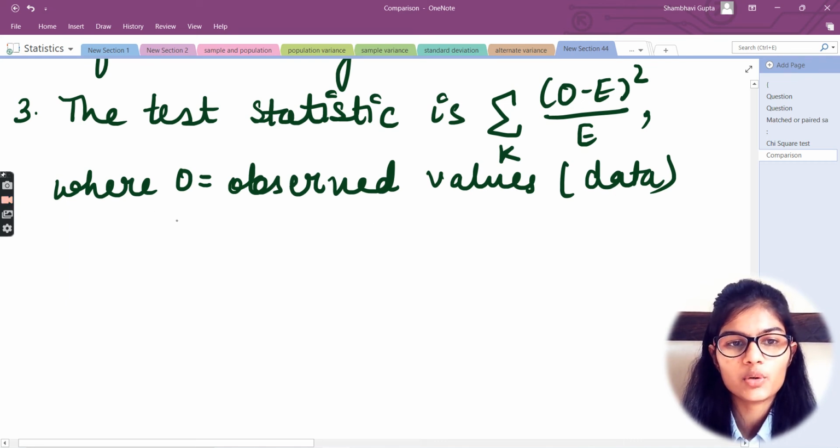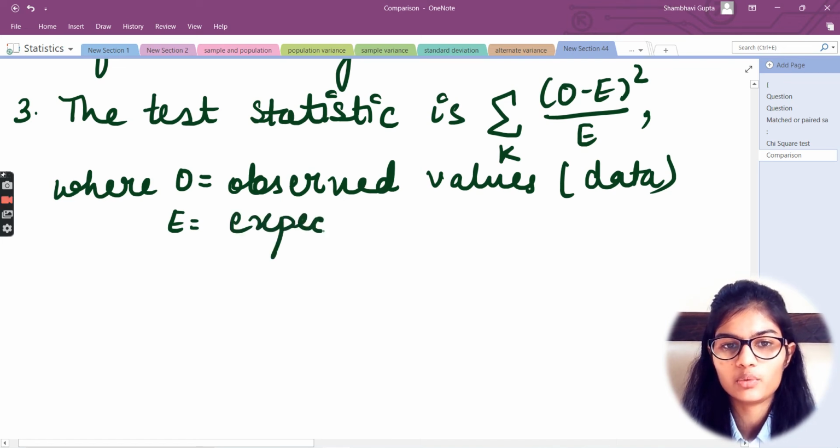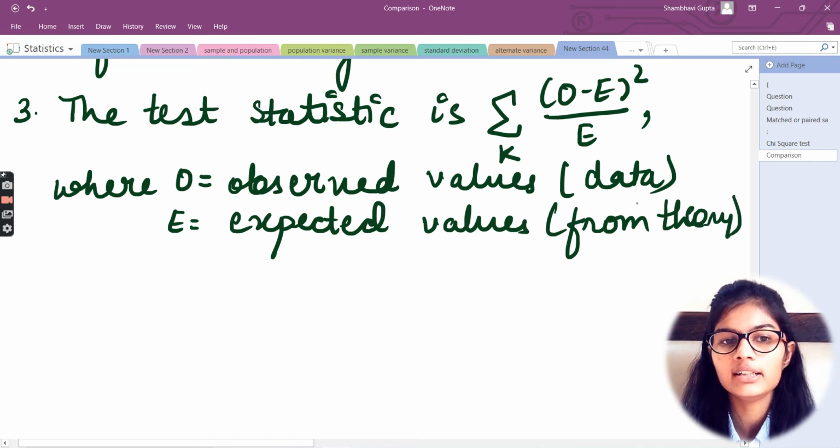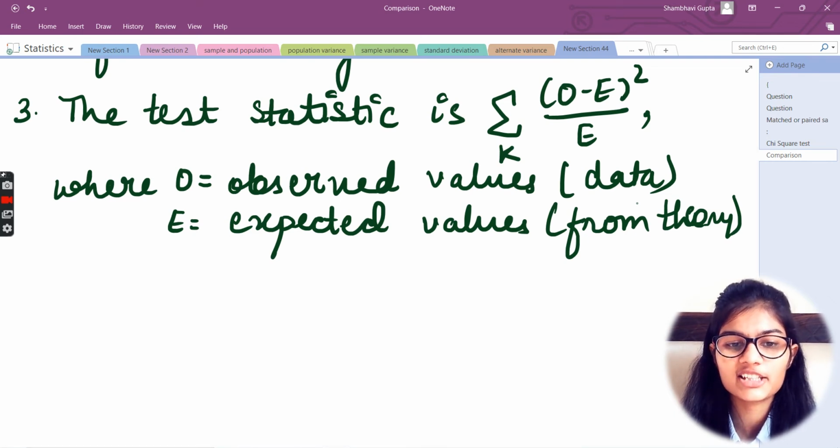And what about E? E was my expected values, from the theory. So O is basically my observed values and E is basically my expected values, right? What about K?